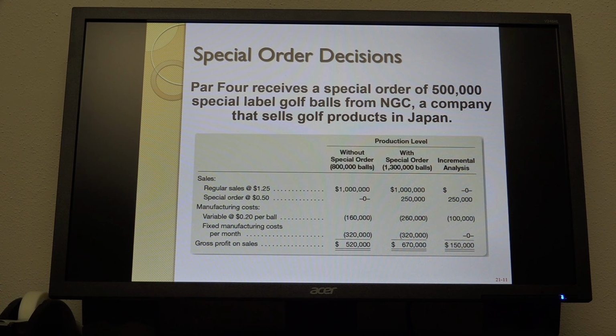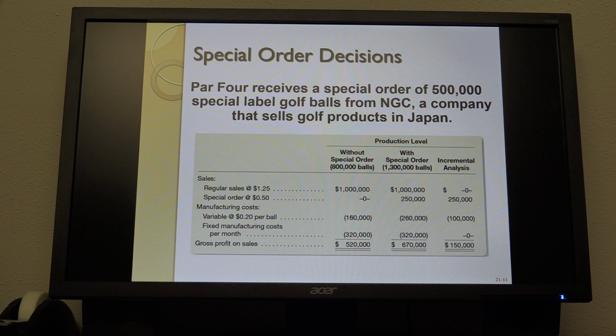Now, if it still costs them 20 cents per ball to make those additional 500,000, then they're going to have an additional manufacturing cost of $100,000, making it $260,000 total when you include the manufacturing variable costs for producing their regular balls without the special order.